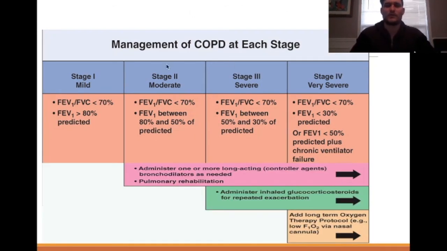But you are going to manage these at different stages. So stage 1, more than likely, you're just going to prescribe more exercise to the individual, try to get them to cut down on their negative behaviors, cut down on smoking, stay out of polluted environments. Once we get to stage 2, we would probably administer a bronchodilator to open up some of those airways and probably practice some breathing exercises.